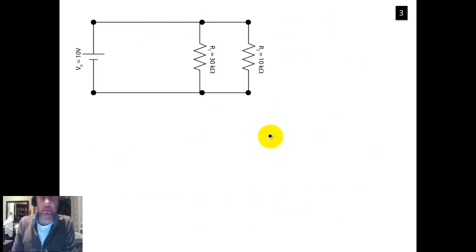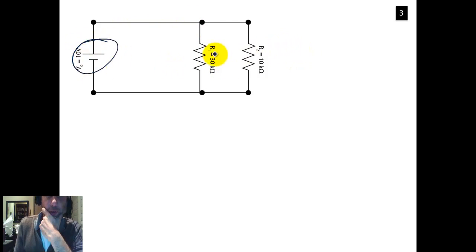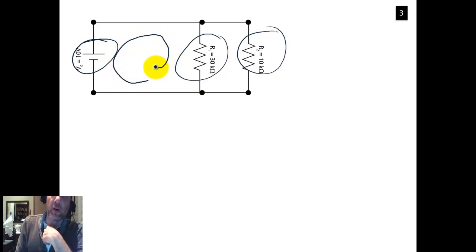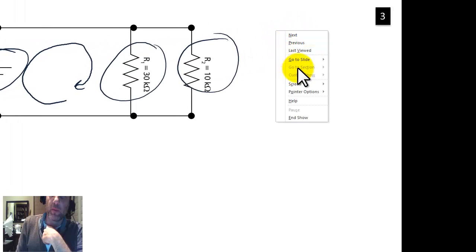Okay, moving on. So let's take a look at what happens when instead of having the resistors in series, we have them in parallel. So here we've got our voltage source, 10 volts, still the same, R1 the same, R2 the same. Let's start with Kirchhoff's second law. So we just follow a loop around.